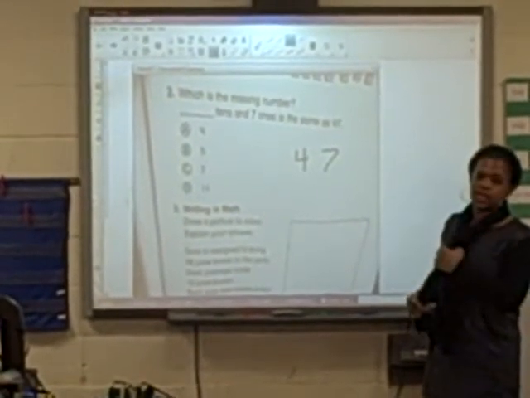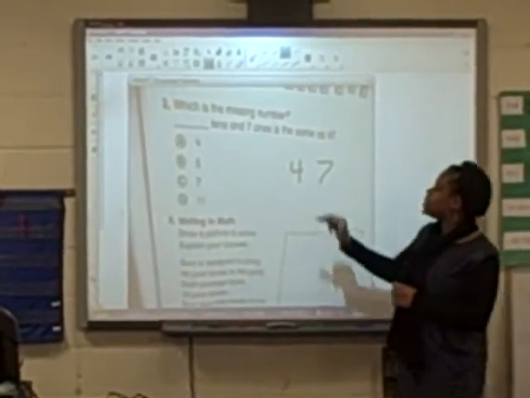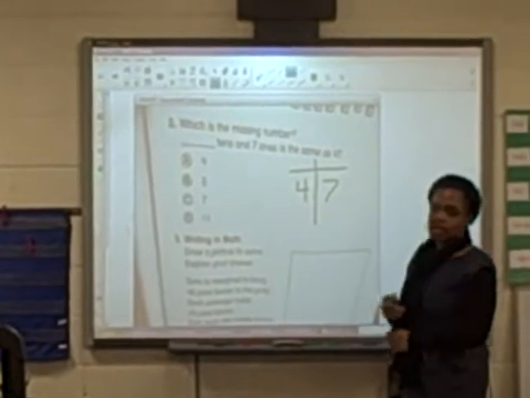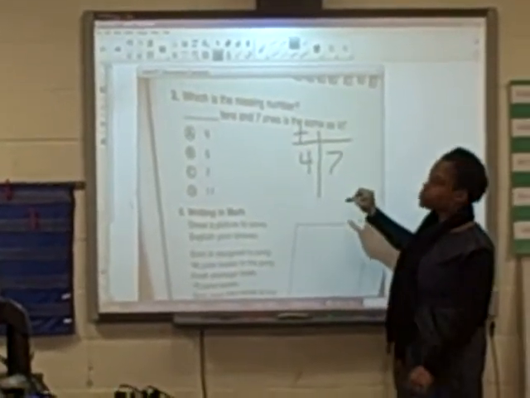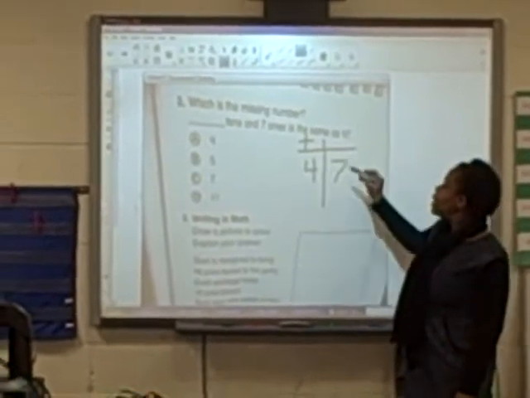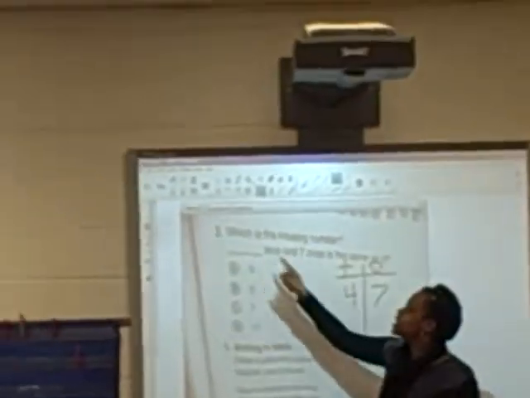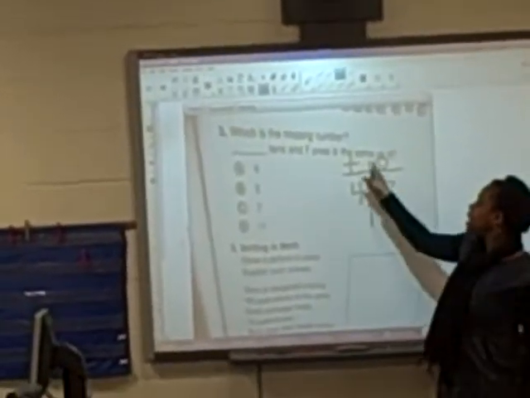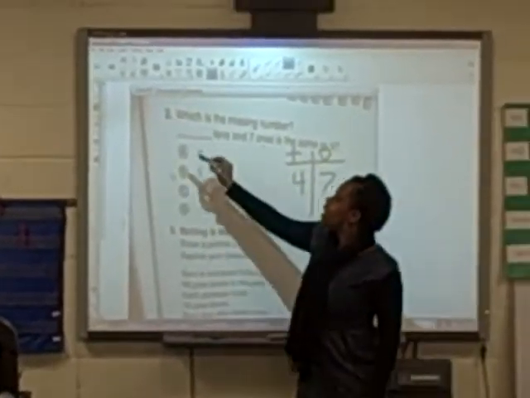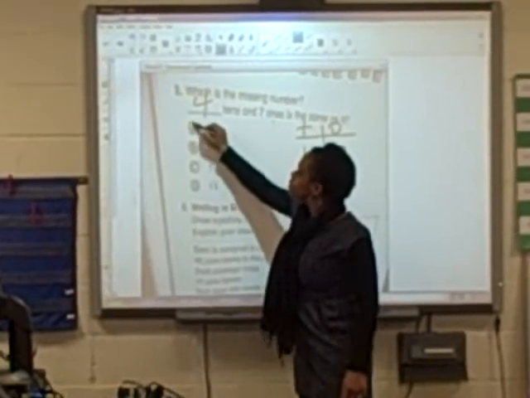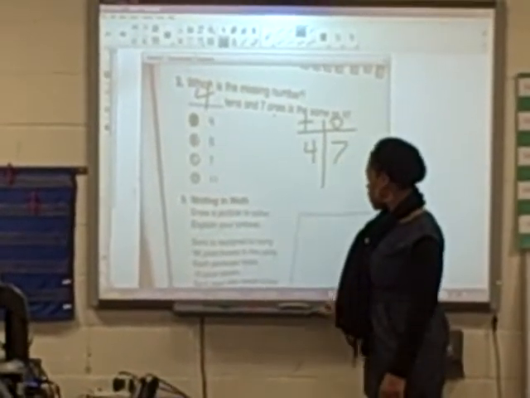Which one will be our tens? If I draw my chart, which one is the tens? And which one is the ones? So which number is missing? How many tens do I have? I have 7 ones here, so how many tens do I have? Great job. So 4 is the number that's missing. Great job, Brianne.